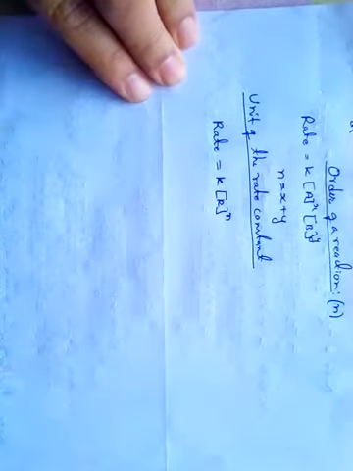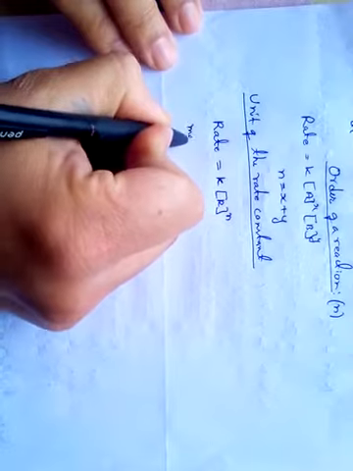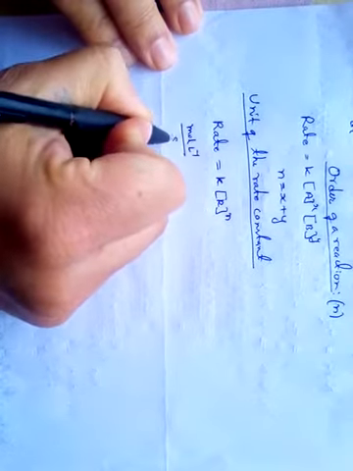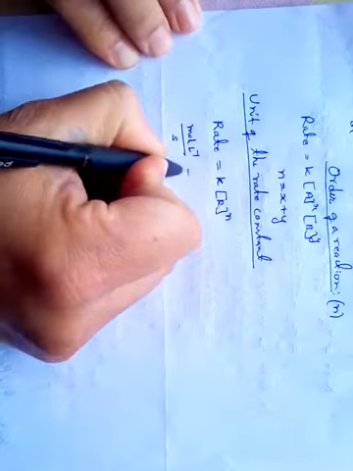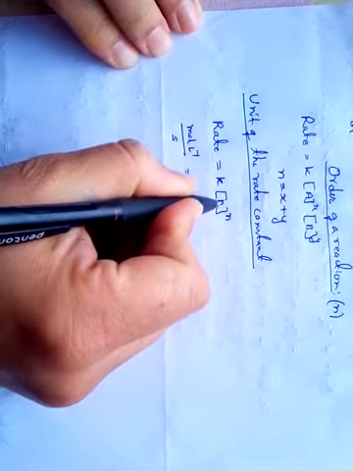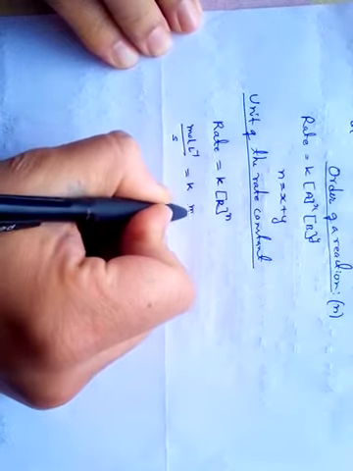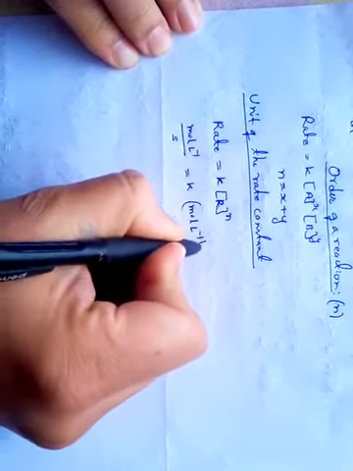The unit of rate is concentration by time, so it's mole per liter per second. Concentration is always mole per liter, to the power n.